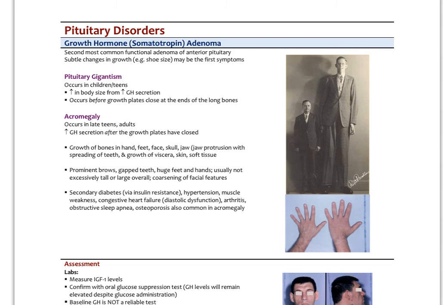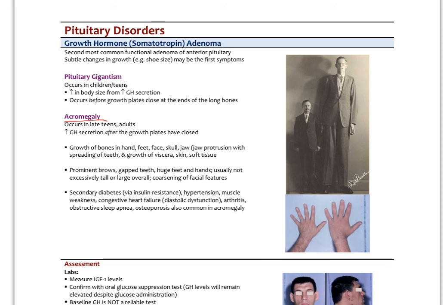Now, growth hormone somatotropin adenomas are the second most common functional adenoma of the pituitary after prolactinomas. Again, we might see this in adults, so we're going to manifest primarily with signs and symptoms of acromegaly. And that would be increased growth hormone after those epiphyseal growth plates have closed. So it'll be growth in the hands, and the feet, face, skull, and jaw.